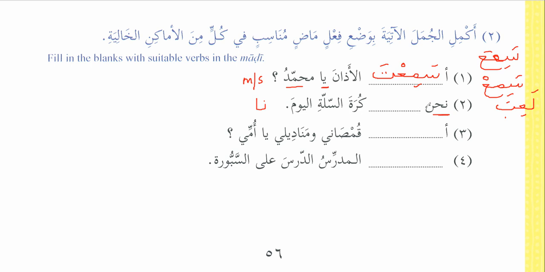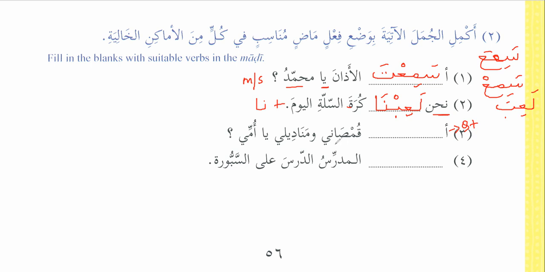La'ib. So our structure will be la'ib, ba with sukoon. And now add the damir noon al-fa'ilin. نحن لعبنا كرة السلة اليوم. We played basketball today.